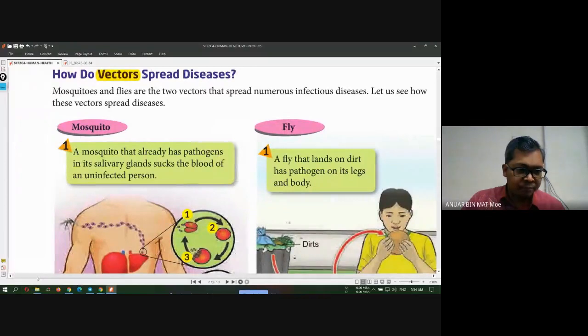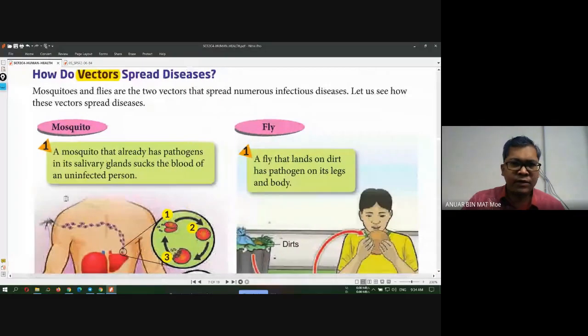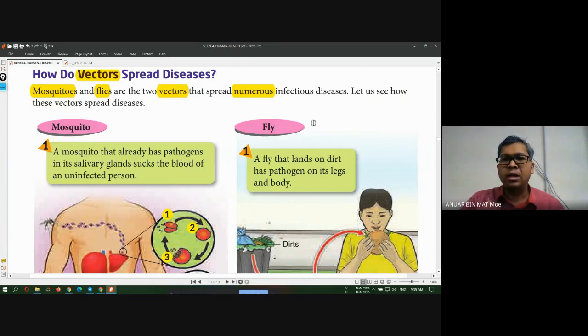Mosquito and flies are the two vectors that spread numerous infectious diseases. Not only one, but a number of diseases carried by the vector.